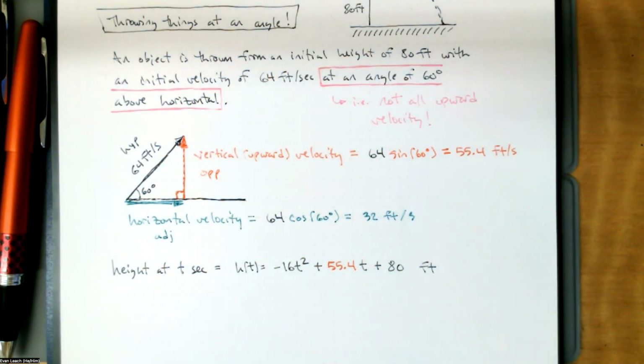I just want the upward part of the velocity for the quadratic.